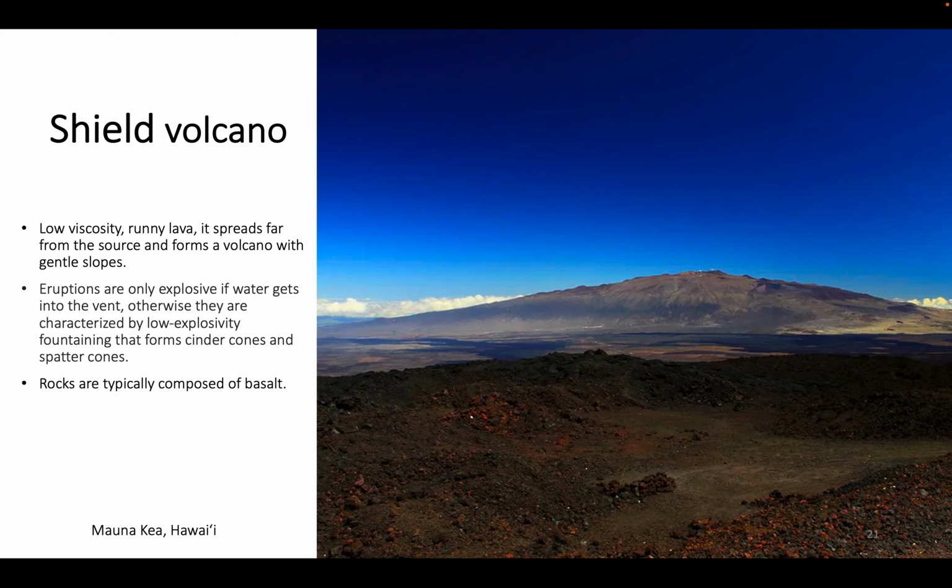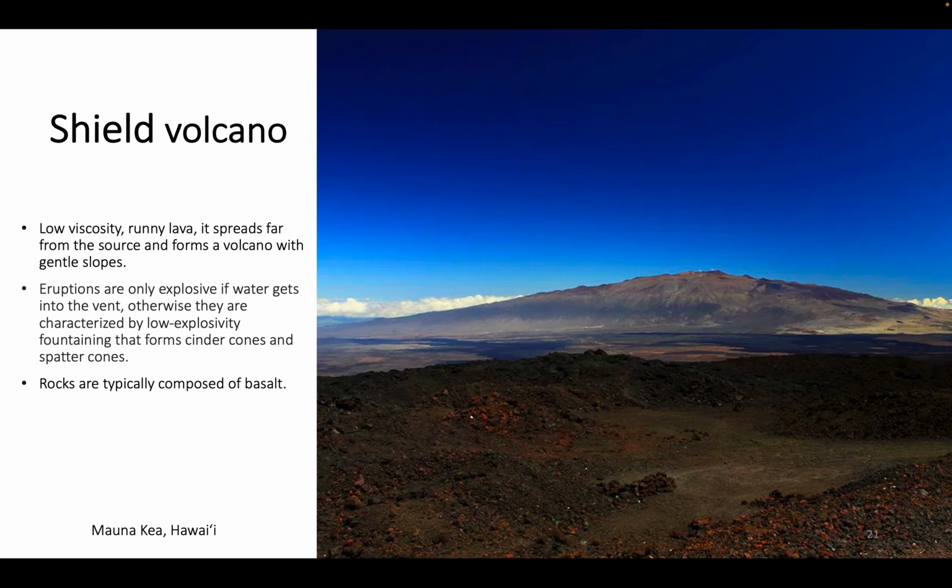Next, we're going to move into the third type of volcano, shield volcanoes. Shield volcanoes are built almost entirely of fluid, low viscosity, runny lava. It spreads far from the source and forms a volcano with gentle slopes.